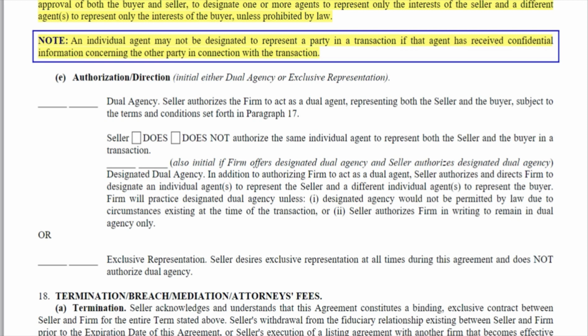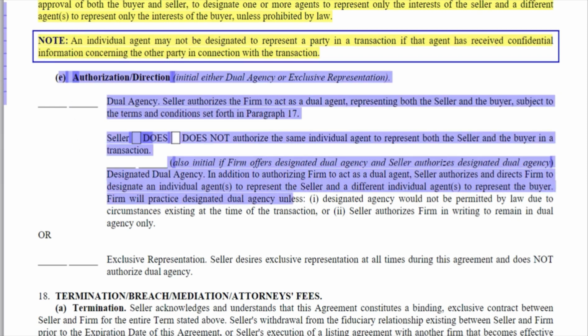So, again, if I have shared with them any type of information regarding this property, anything about the property, not so much how much it is, because they'll know that from just the listing agreement itself, but just any type of pertinent information that I've shared with them about my client. As long as they don't know that, they will be a great candidate. If they do, then I have to choose someone else.